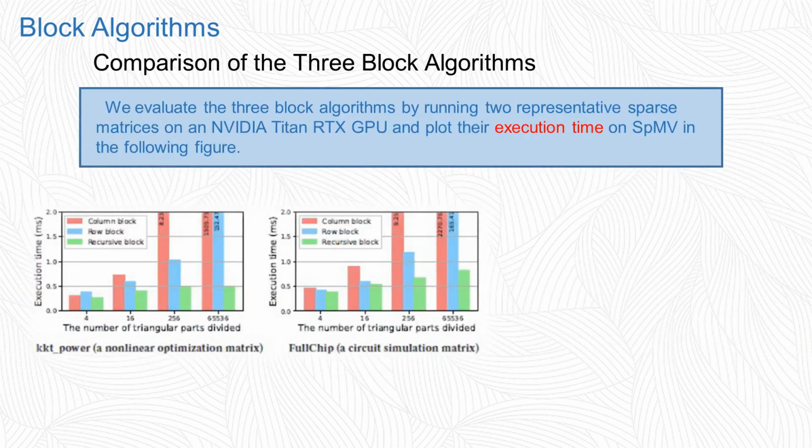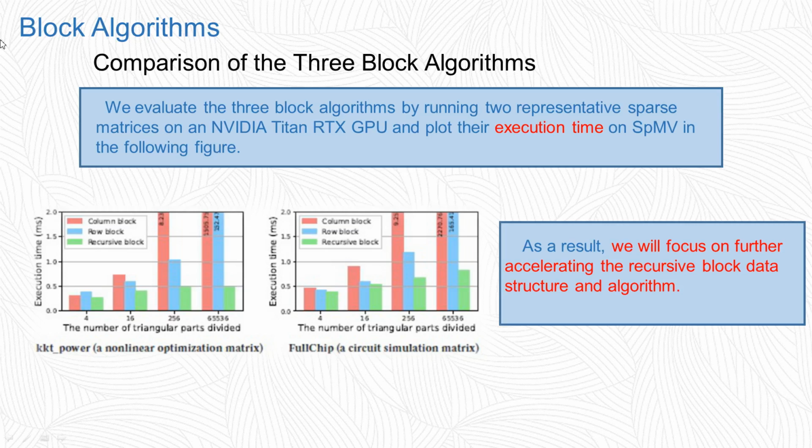Then we evaluate the three block algorithms by running two representative sparse matrices on an NVIDIA Titan RTX GPU and plot their execution time on SpMV in the following figure.